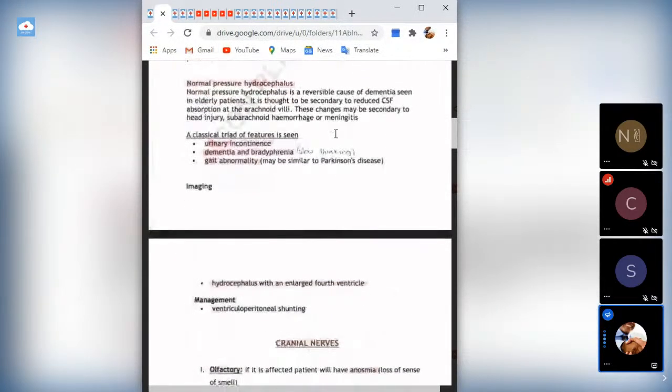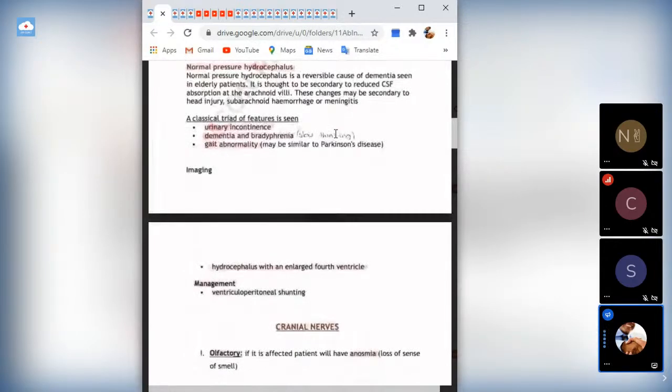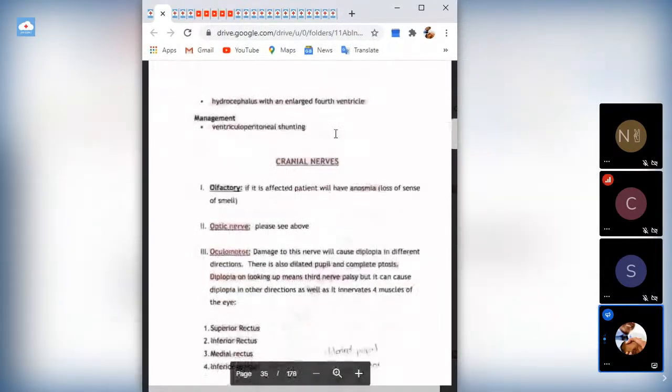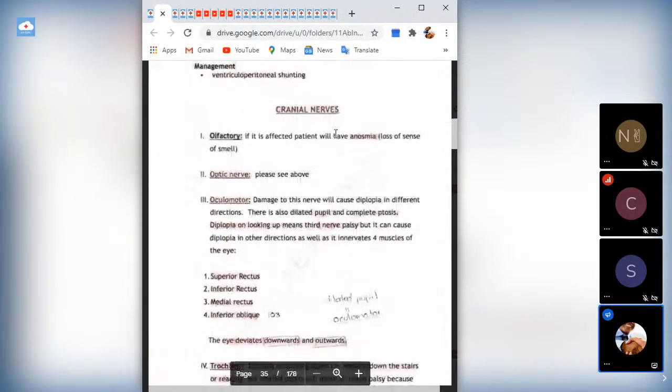And why you need to think of it quickly is because when the neurosurgeons actually do something to relieve that pressure, to remove the cause of the obstruction, you can have an improvement of clinical state. So the management is ventriculoperitoneal shunting.